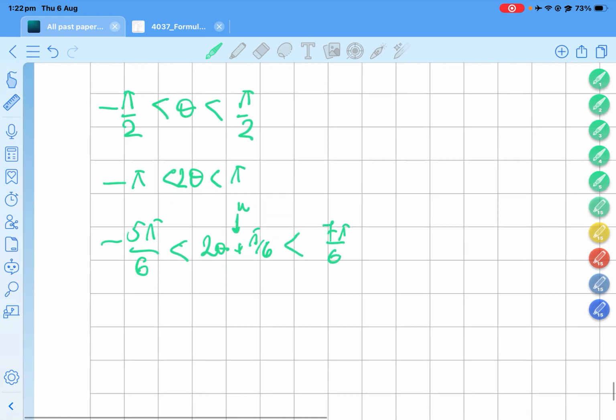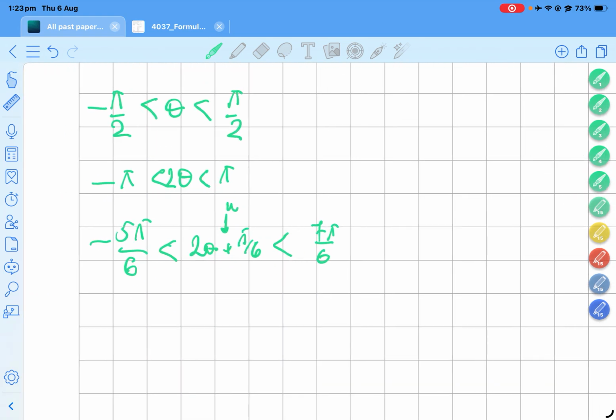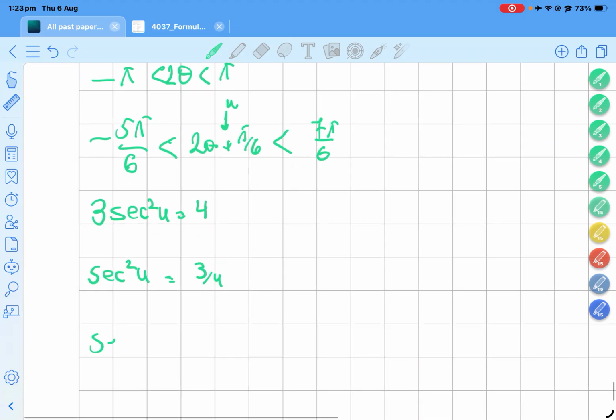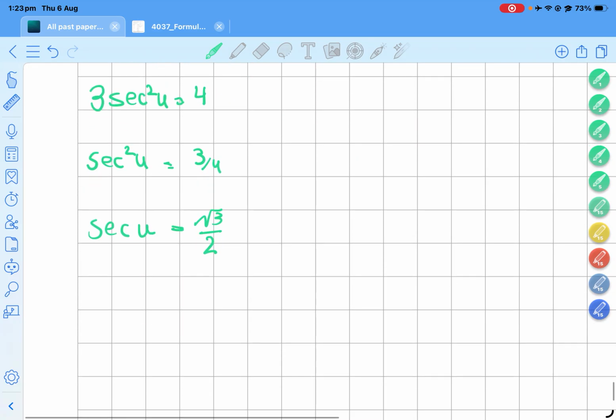So now what do we do? So we know that 3 sec square u equals 4. So sec square u equals 3 by 4. So sec u equals root 3 by 2. What is cos u equal?